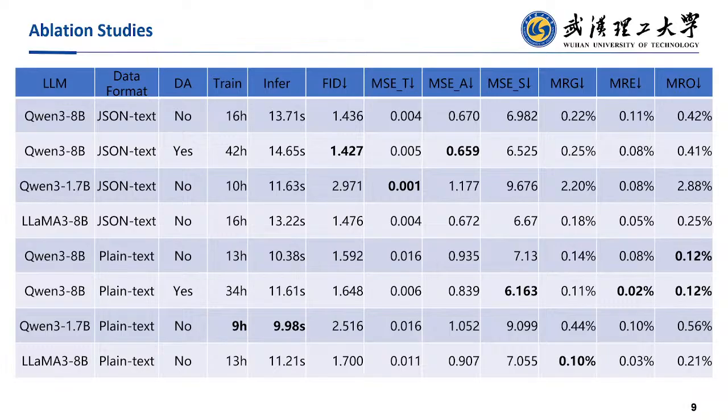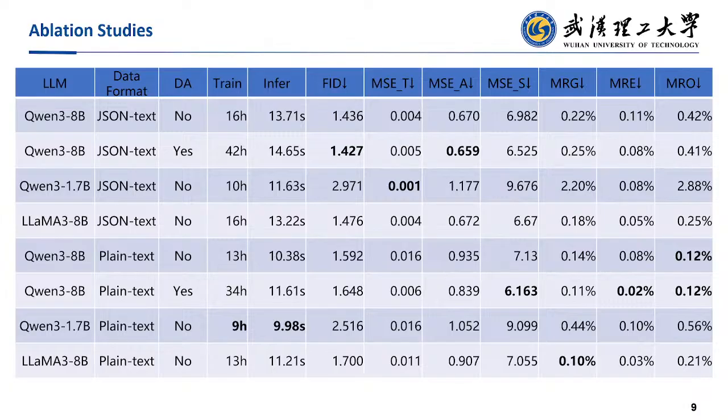So usually we say 1.7 billion parameters would be enough, because for our task, it's actually a small task for a large language model. So we think this is okay. We also test which kind of text to use, JSON or plain TXT, and which one is better.